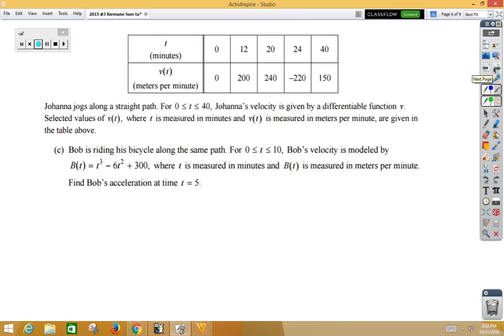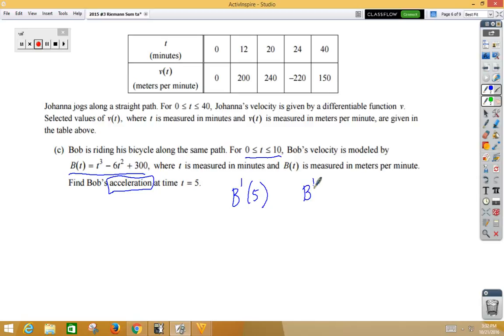Part C. Bob is riding his bicycle on the path now from 0 to 10, and his velocity is modeled by a different function, and we want to find Bob's acceleration. Well, to go from velocity to acceleration, we need to take the derivative, so they're asking us to do b prime of 5.